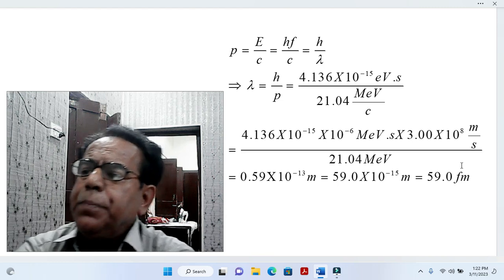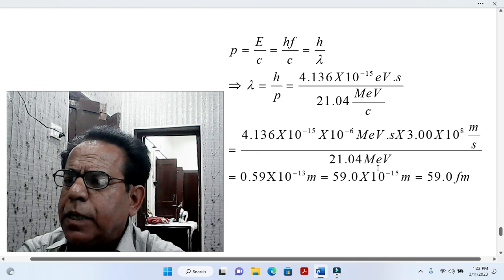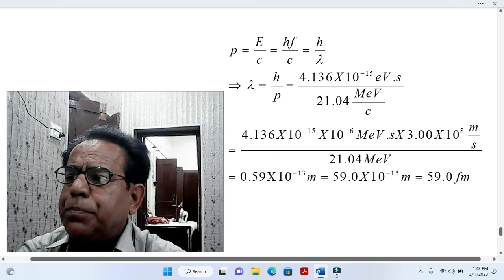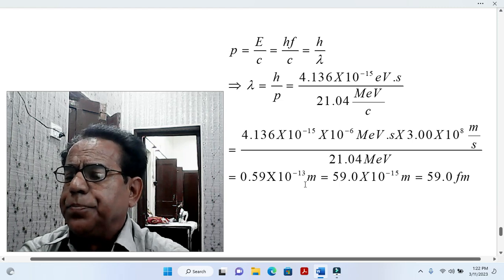The remaining portion in the denominator is the same, 21.04 million electron volt. Then after simplifying, we get 0.59 into 10 raised to the power minus 13 meter.